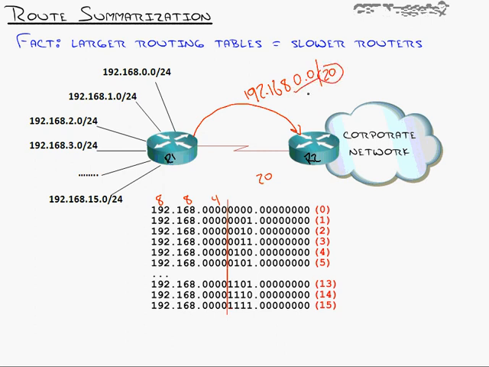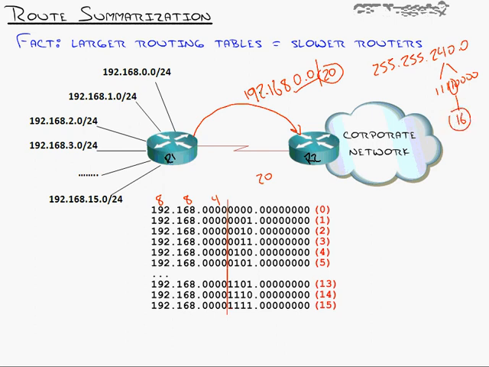Now, if you're thinking about this in terms of subnetting, a /20 would be 255.255.240.0. If I were to break this into binary, my subnet mask would be 11111111.11111111.11110000.00000000. My increment, thinking back to subnetting here, would be 16.